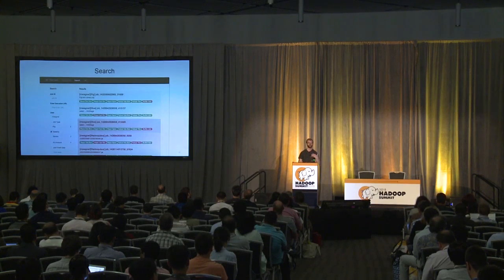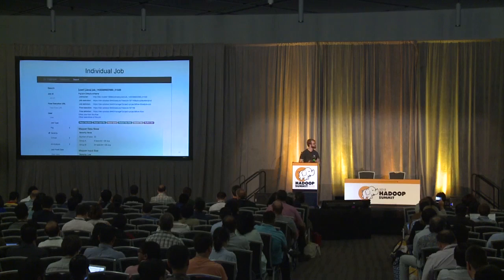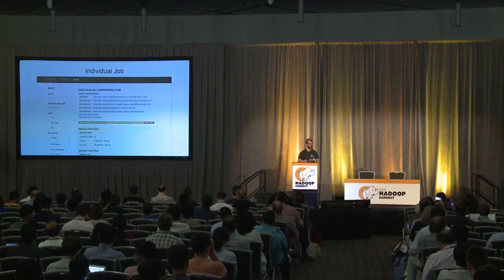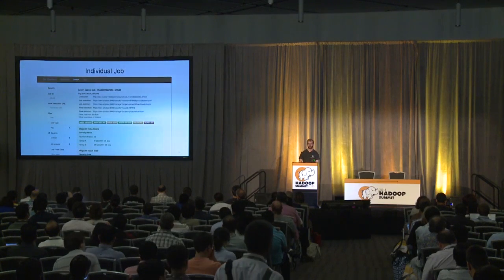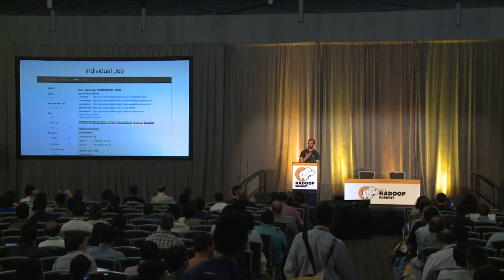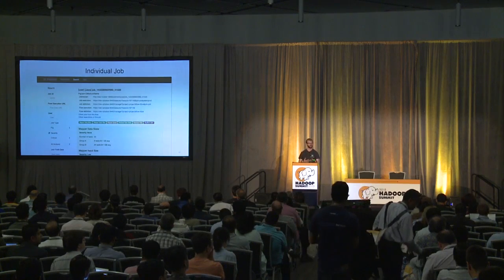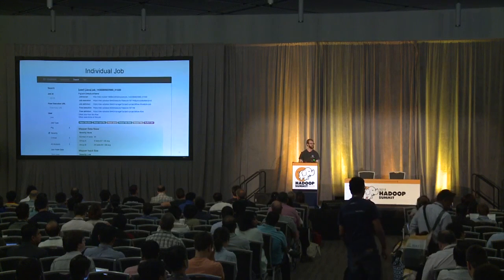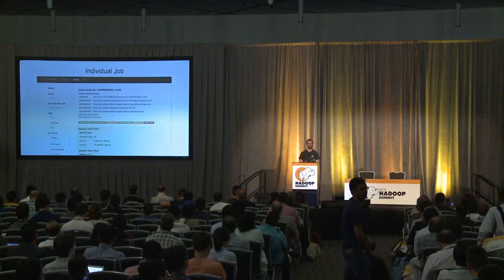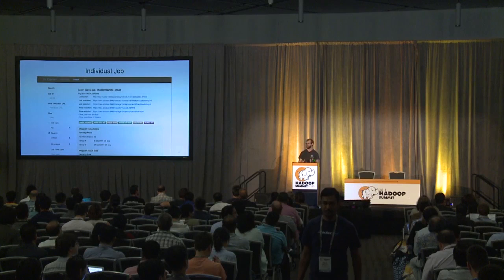Let me show you an individual job. You also get information about the actual identity of this job. From an infrastructure side, we tend to think of things in jobs. From a user's perspective, you're typically thinking of workflows or Pig scripts, your unit of development is at a higher level.